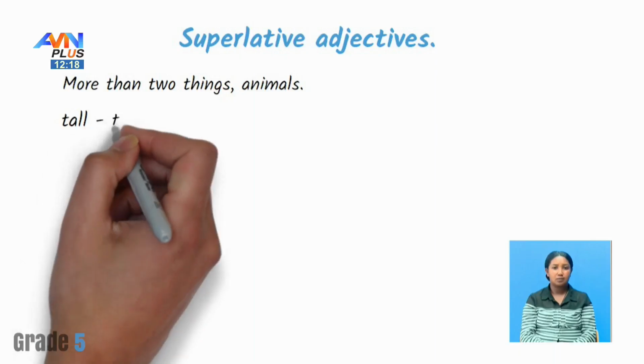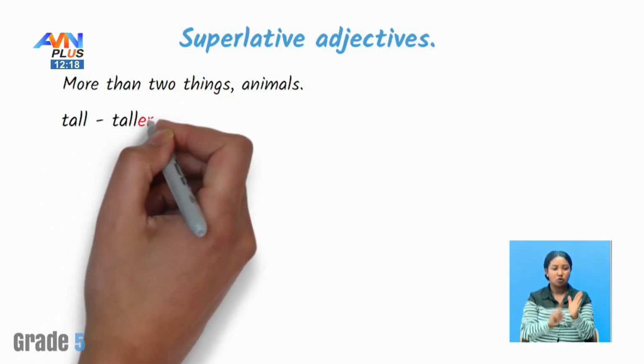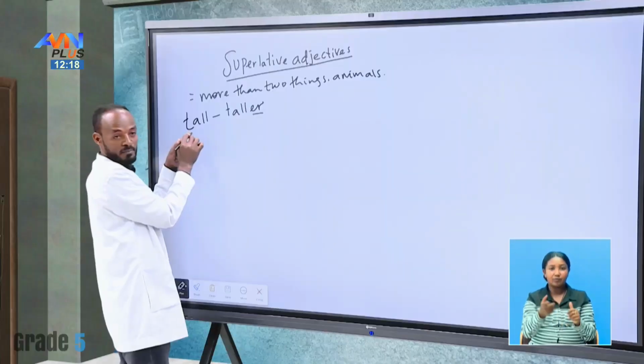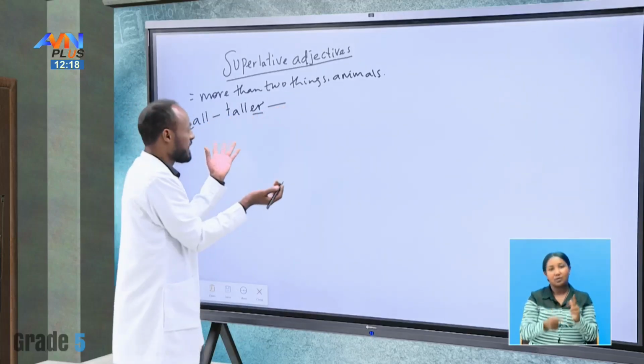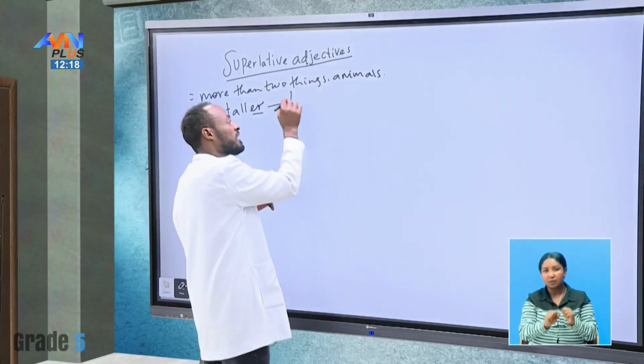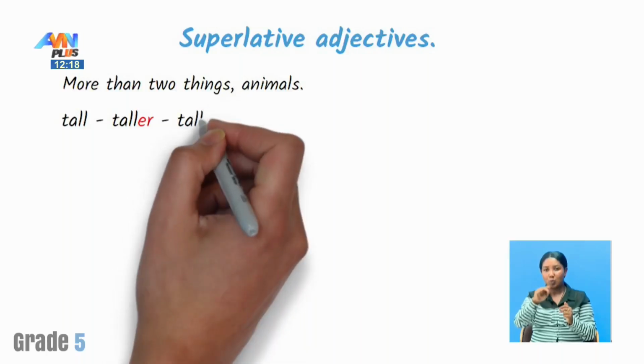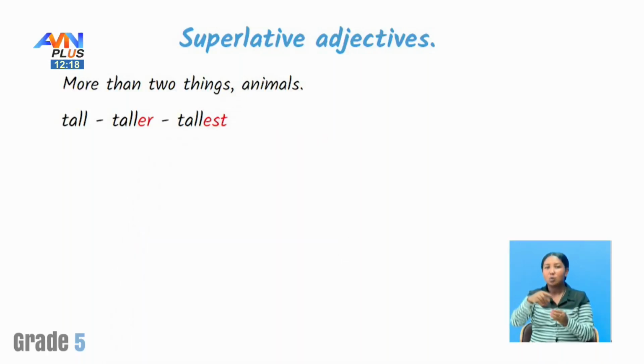here is the example: tall, taller. This one is positive. This one is comparative. Now let's go to the superlative. What could be added here? Normally, in the superlative degree, we have to add EST or ST or maybe IEST, as it depends.